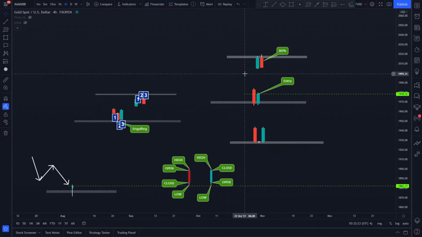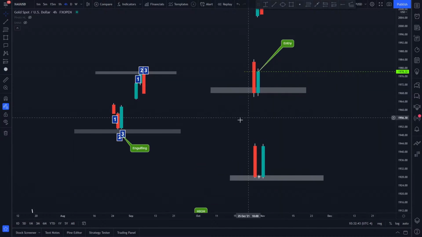Inside candlestick is kind of the same way. I don't use it to scale in, but I do use it for continuation and for reversals. Morning star is a bullish pattern, so you will only want to be looking at it for buys. And of course, the reversal of that is the evening star. So it's the same thing.